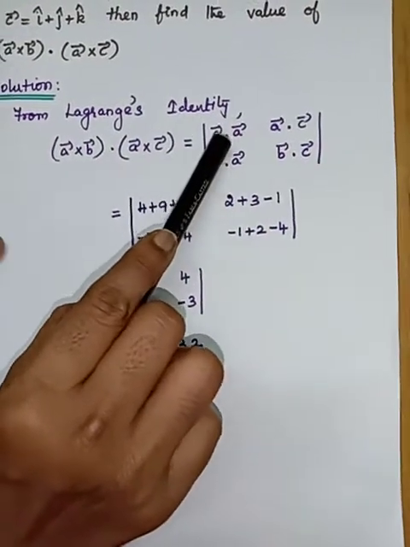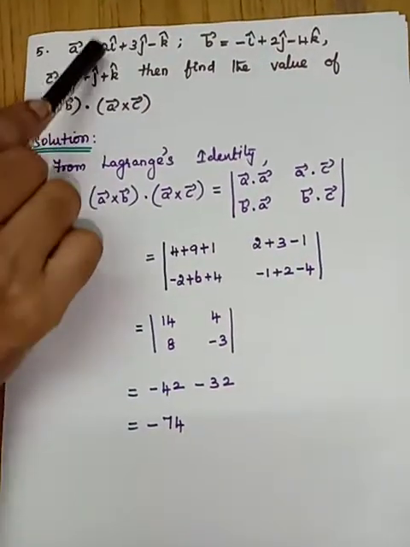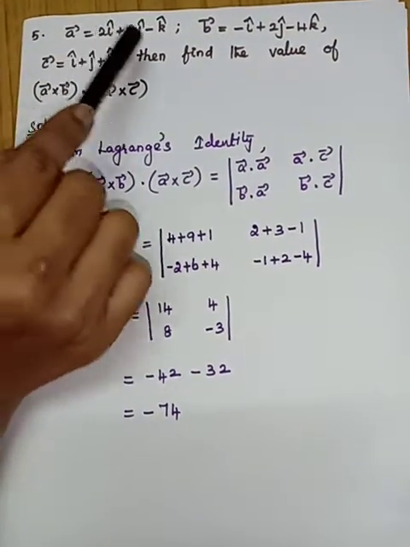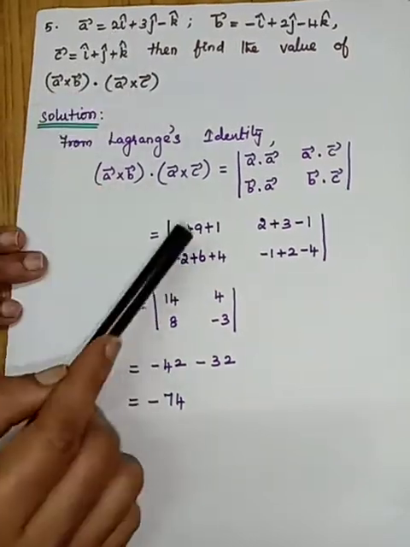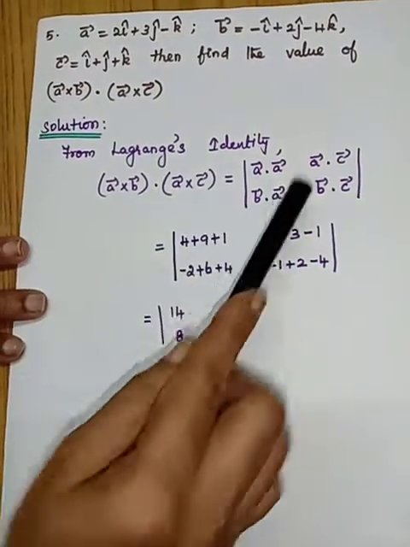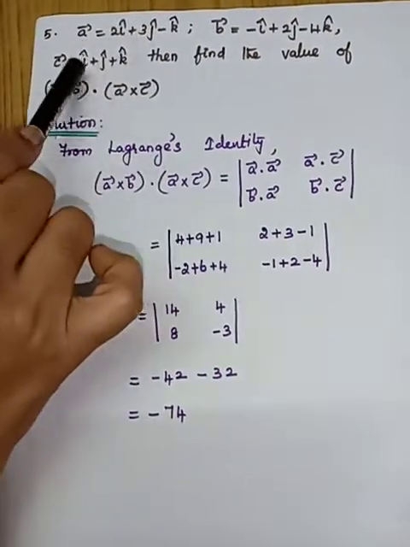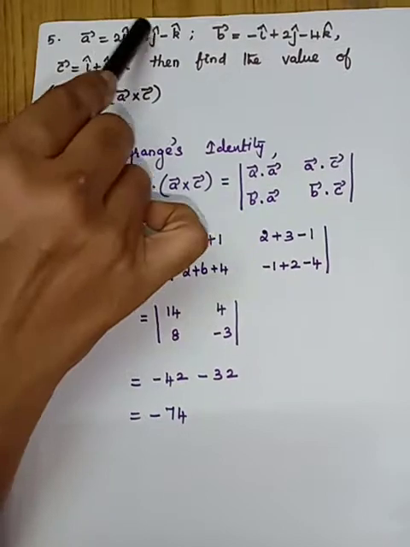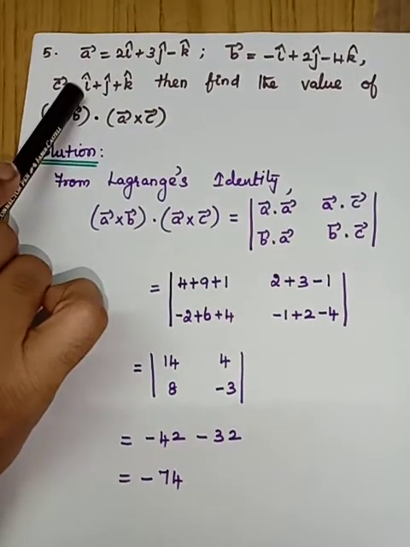Okay, so you have to take the dot product of A vector dot A vector. Now the same components have to be multiplied. 2 2s are 4, 3 3s are 9, minus 1 into minus 1 plus 1. Okay, A dot C, A vector dot C vector. So these 2 vectors have to be multiplied using dot.